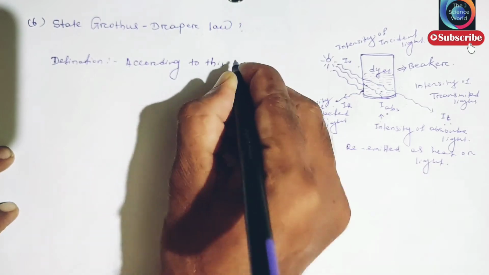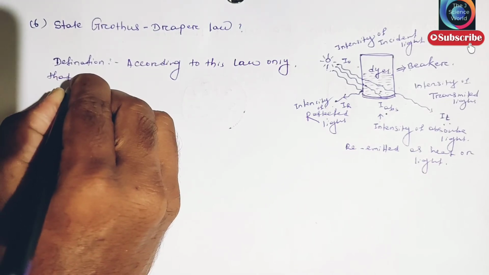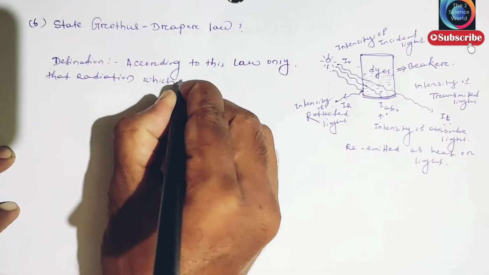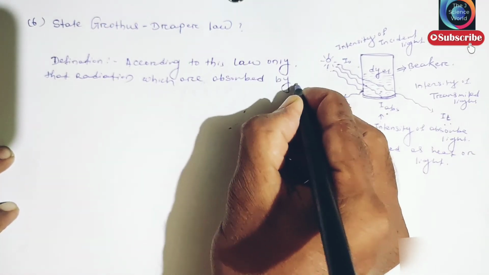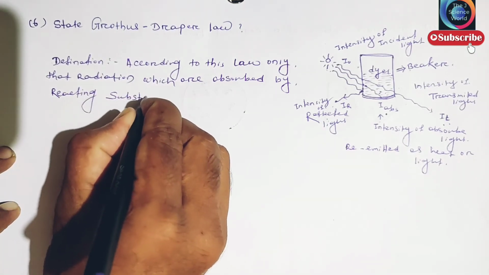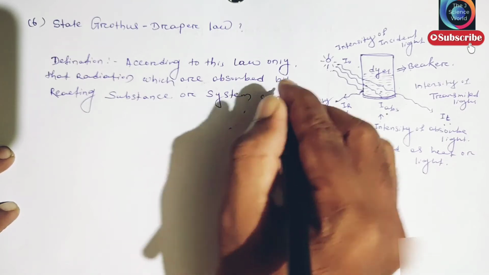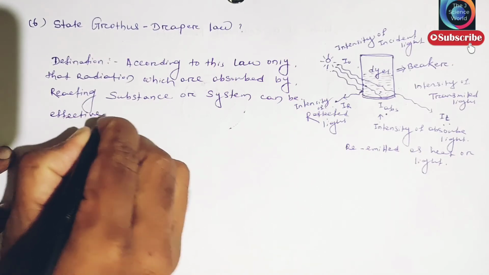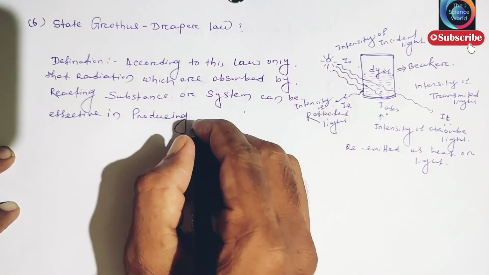According to this law, only those radiations which are absorbed by the reacting substance or system can be effective in producing chemical change.